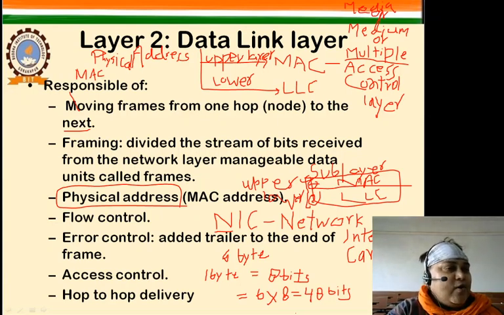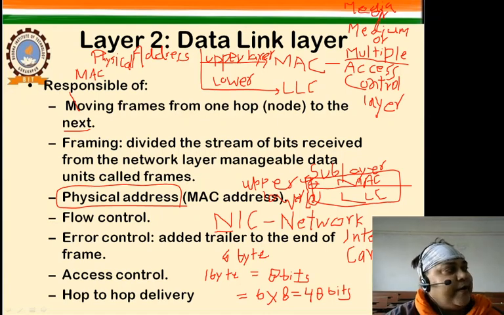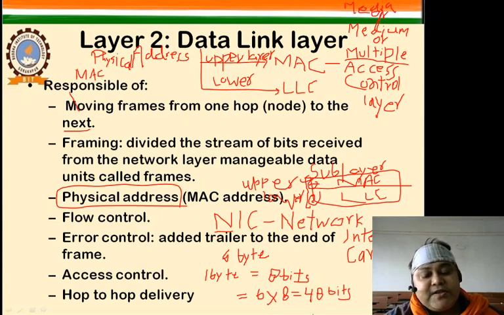Two men cannot have the same thumb impression. So two machines cannot contain the same NIC serial number, the same physical address.